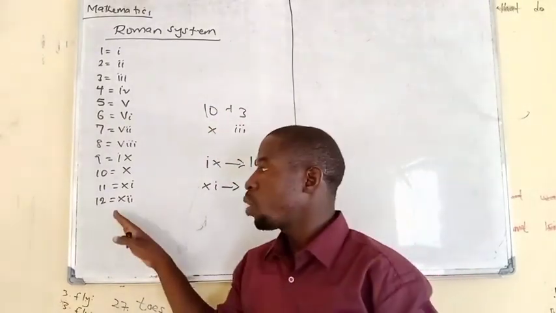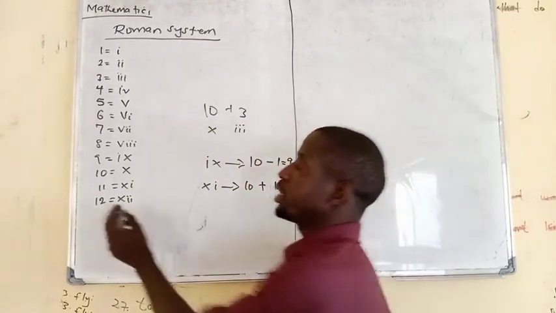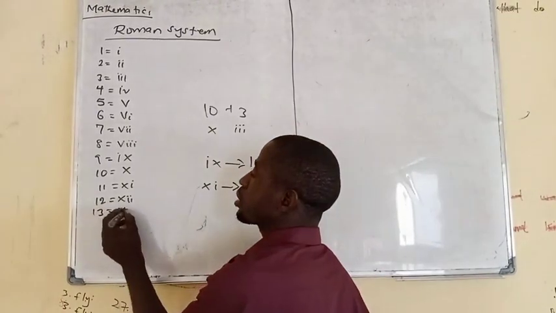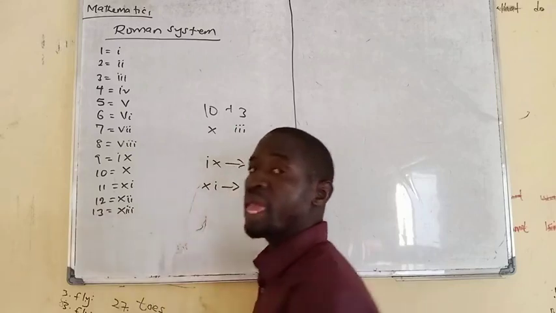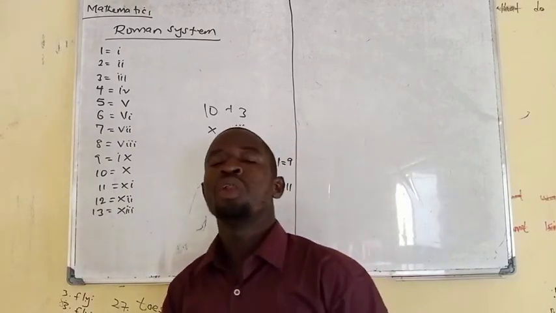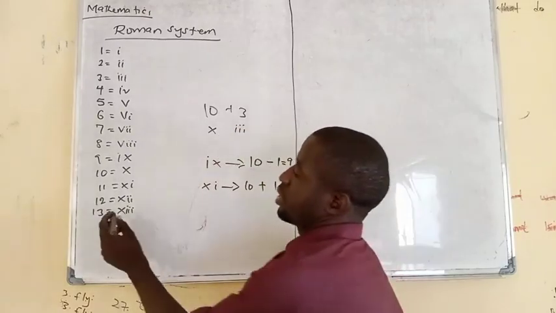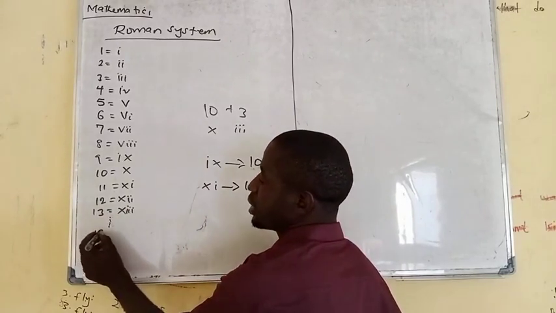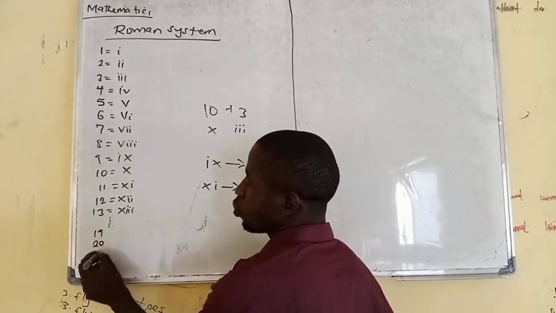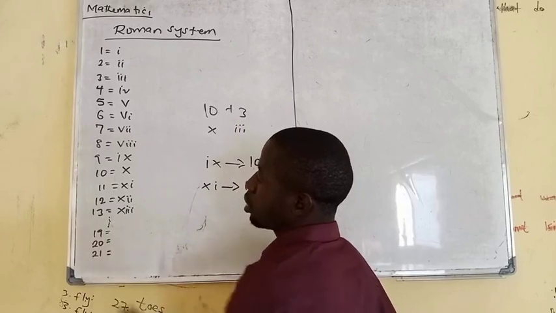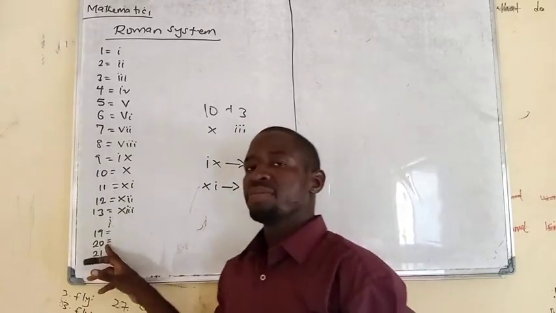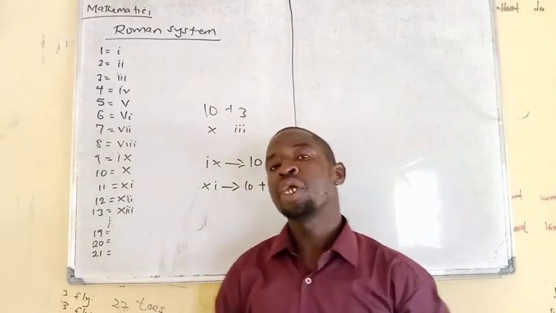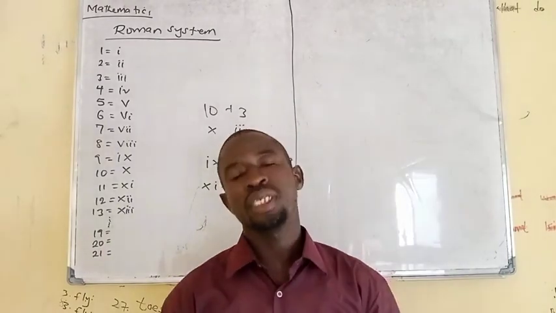Let me not waste the time. 13 is XIII. 14 will be XIV. 15 will be XV. Let me write 19, 20, 21. If 10 is X, then 20 should be double X, which is XX.